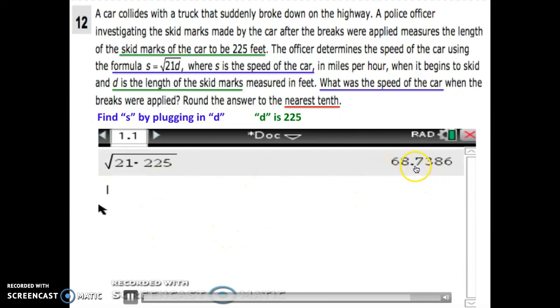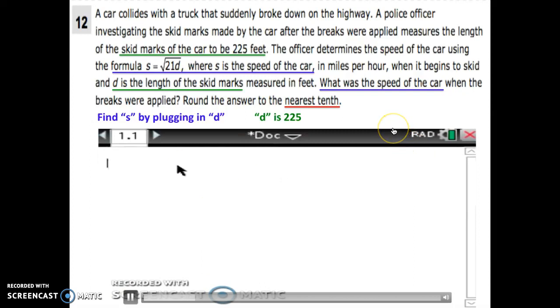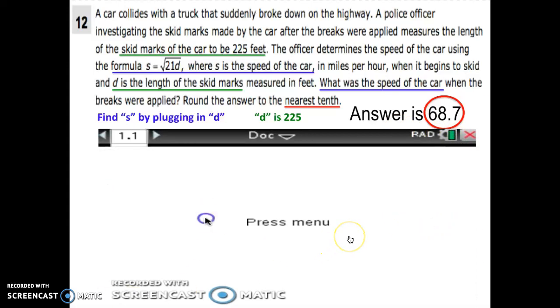Instead, I'm going to put .7 because the 3 is smaller than 5, so it does not round my answer up. So my answer is 68.7. If the digit after the 7 was a 5 or bigger, then it would be 68.8. All right, moving on.